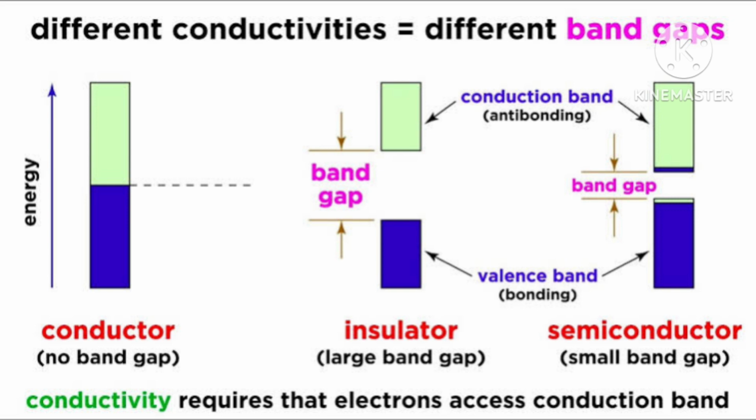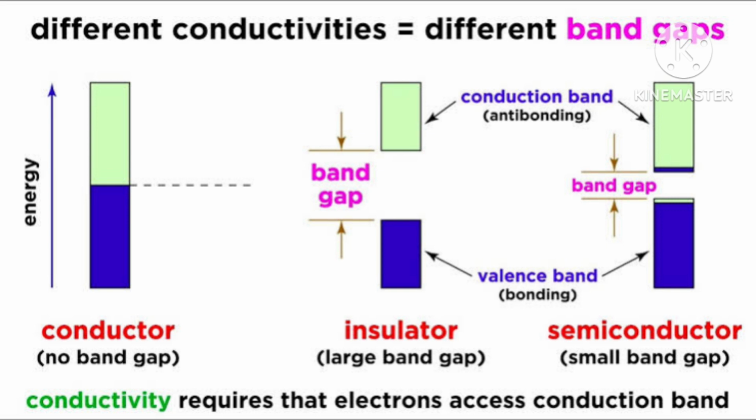It will show some conductivity, not full conductivity, some conductivity. Slow, you can say. Some electrons only may jump to the conduction band and show some conductivity.